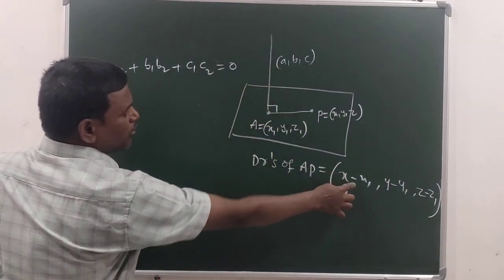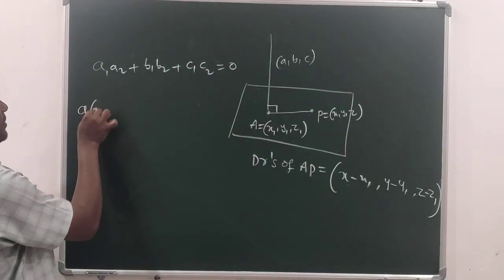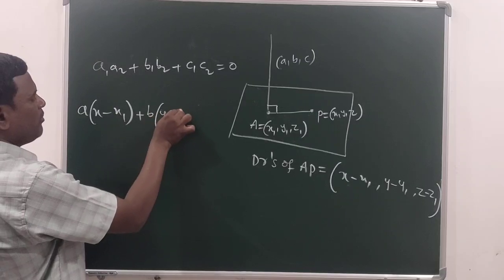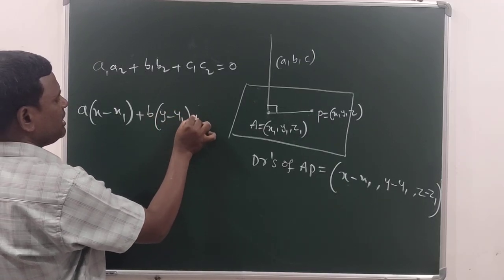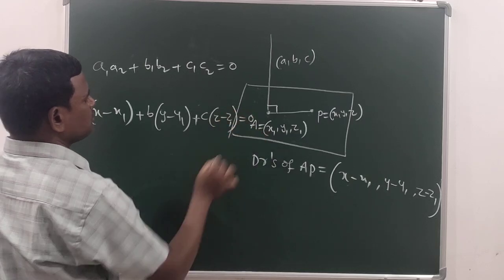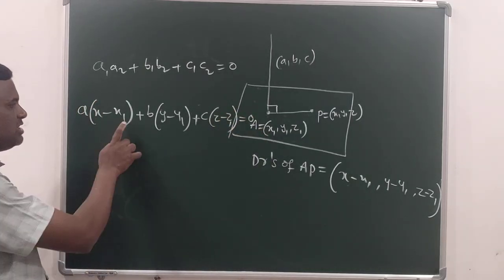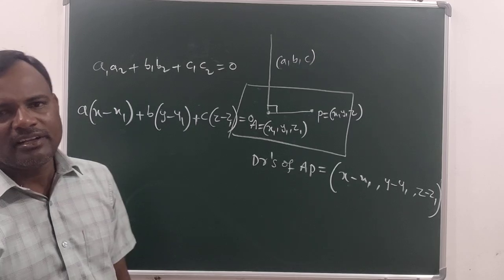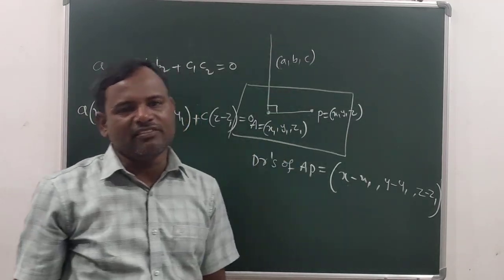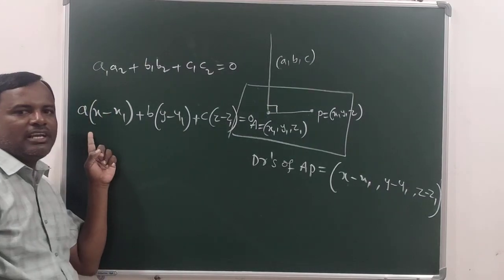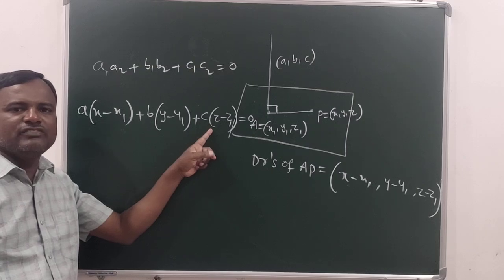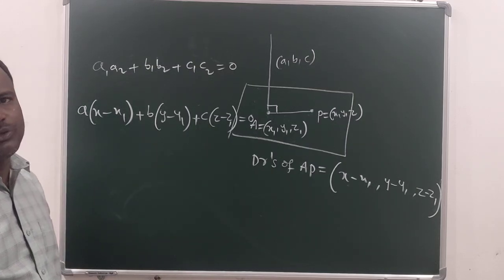So A into X minus X1, B into Y minus Y1 plus C into Z minus Z1, which is equal to 0. So this is the equation of a plane when one point on the plane and the normal DRs are given. Remember this: A of X minus X1 plus B of Y minus Y1 plus C of Z minus Z1 is equal to 0.